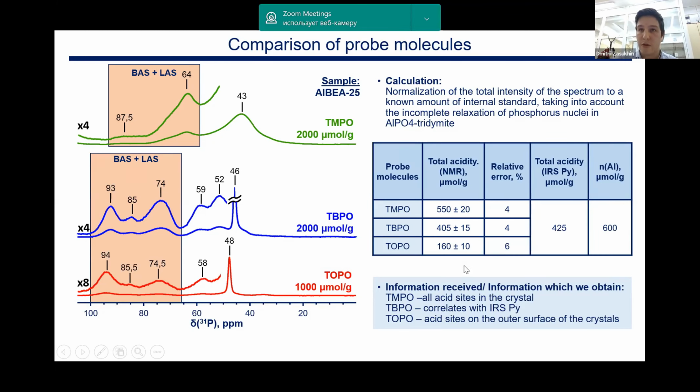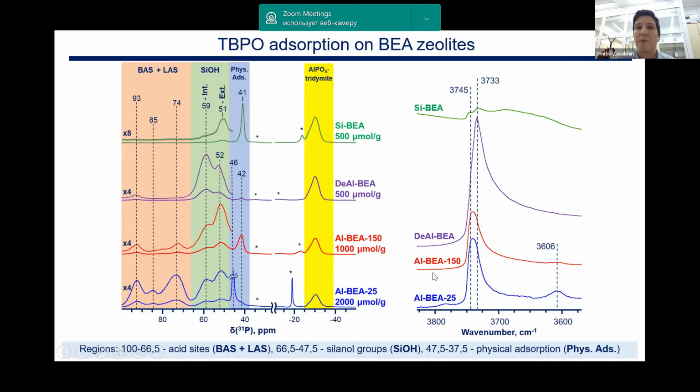So, in order to obtain information about the observed signal, we decided to compare the spectra of TBPO adsorbed on different beta zeolites. Here you can see the spectra. Blue and red spectra are related to two aluminum beta zeolites with different silica to aluminum ratios, 25 and 150.